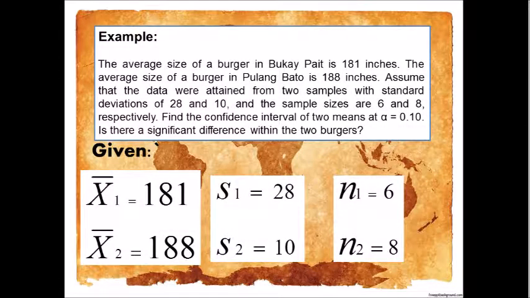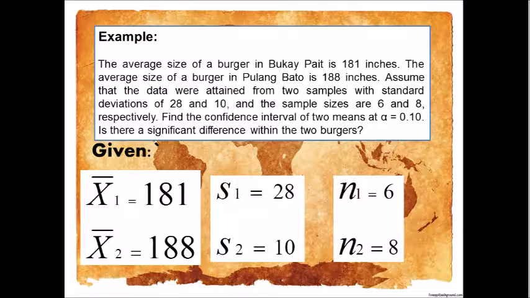So, this is the problem given to the racers. The average size of a burger in Bukay Pait is 181 inches. The average size of a burger in Pulang Bato is 188 inches. Assume that the data were obtained from two samples with standard deviations of 28 and 10, and the sample sizes are 6 and 8 respectively.